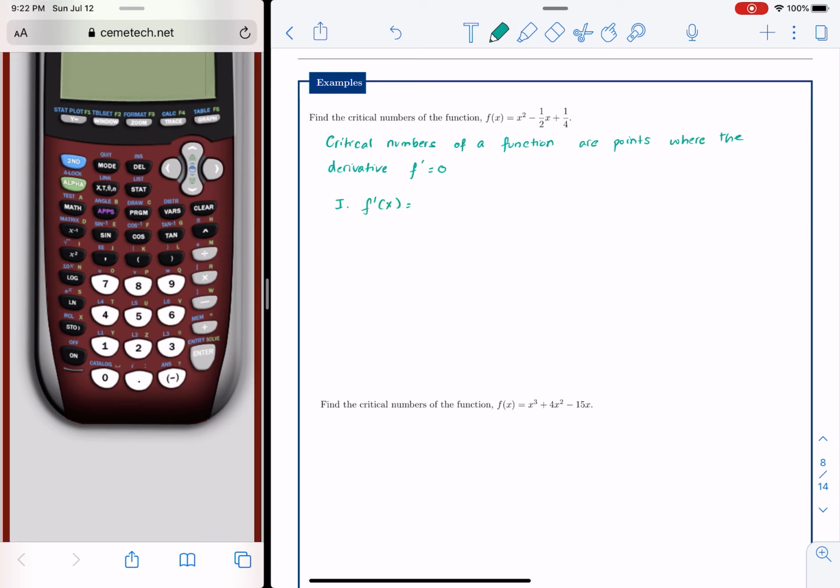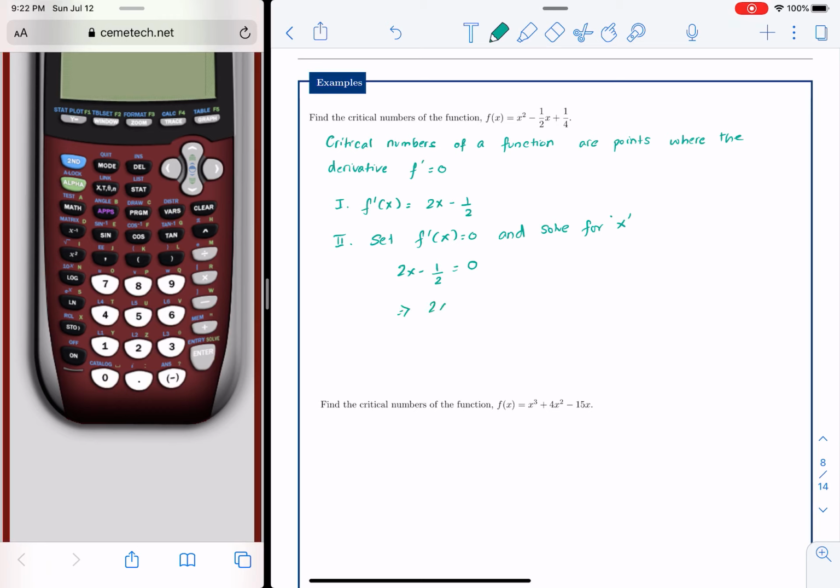F prime of x is 2x minus 1 over 2. Derivative of 1/4 is 0. You set the derivative equal to 0 and you solve for x. So 2x minus 1 over 2 is equal to 0.